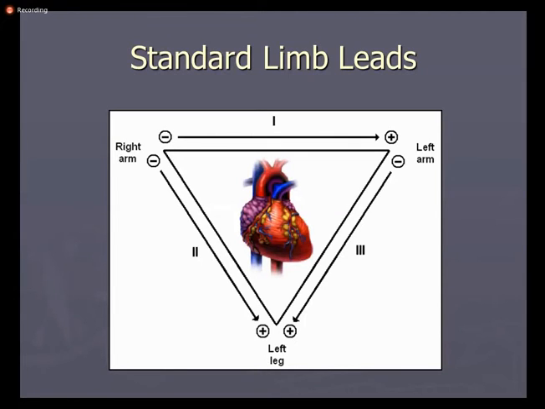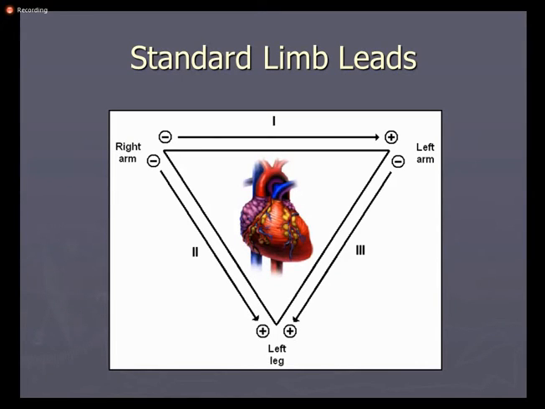For example, a lead is attached to the right arm and current flows from the right arm to the left leg. So we indicate the right arm as negative, and the left leg is a positive electrode.